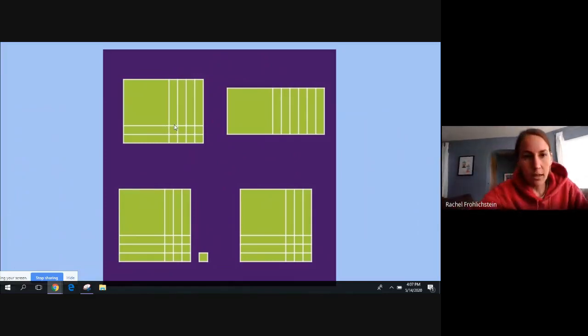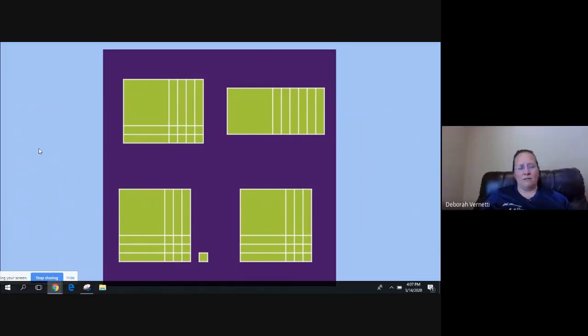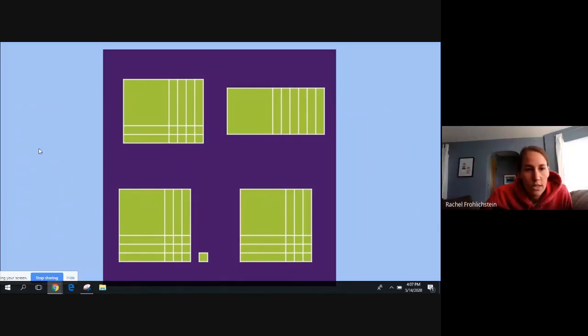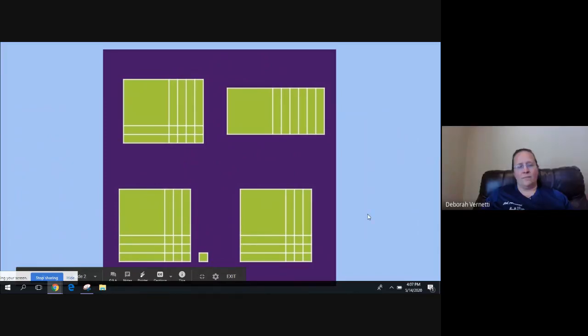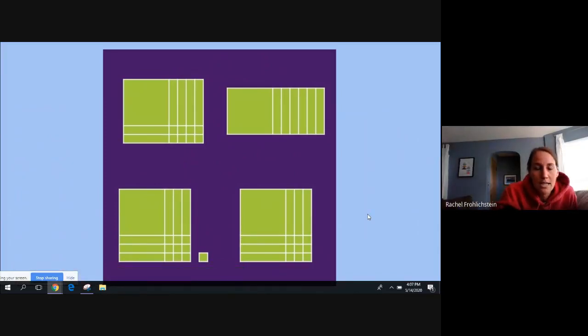Well, and I'm starting now to notice how many ones cubes there are. Talk to me about that. So the top left has 8. And the bottom left, 2, 4, 6, 8, 10, if you count the one sticking out. And the bottom right has 9.